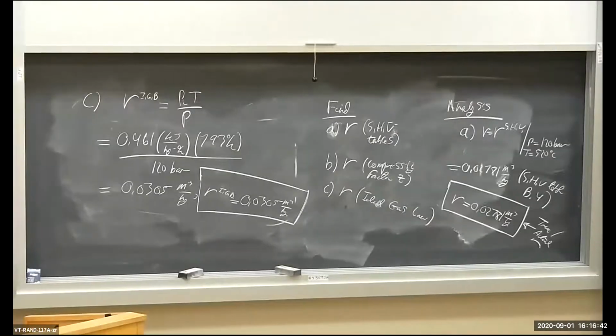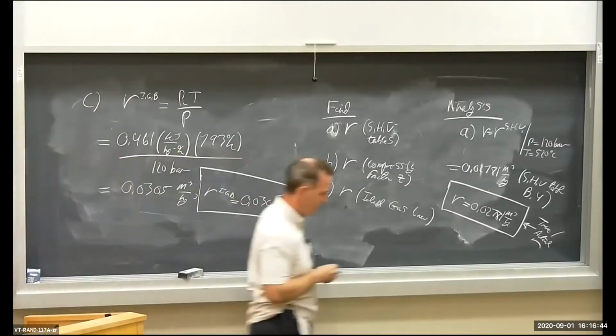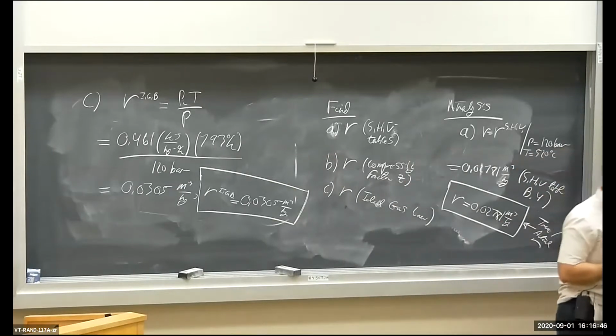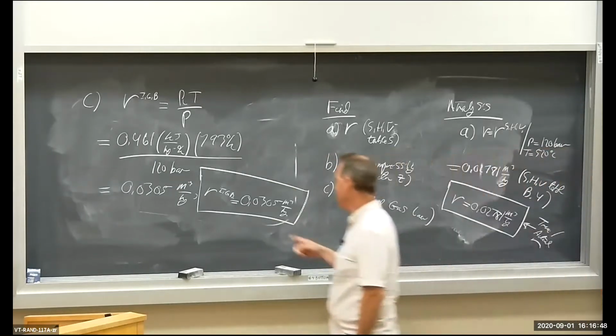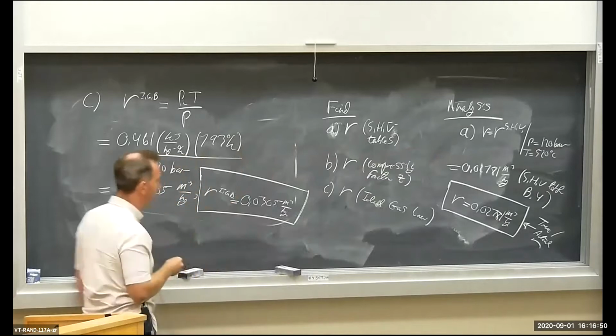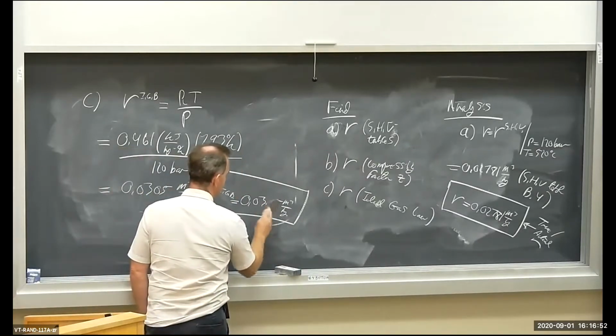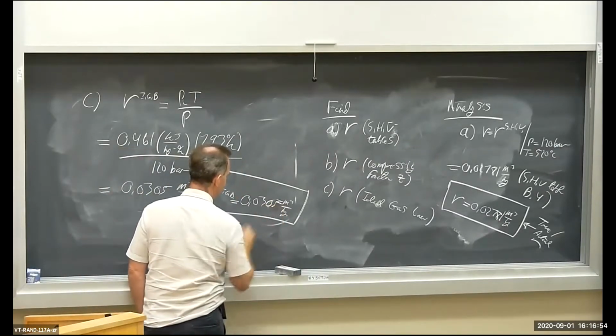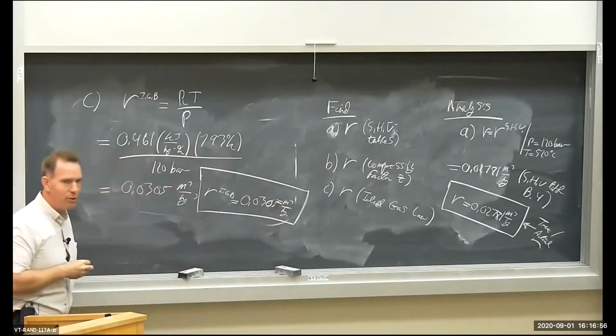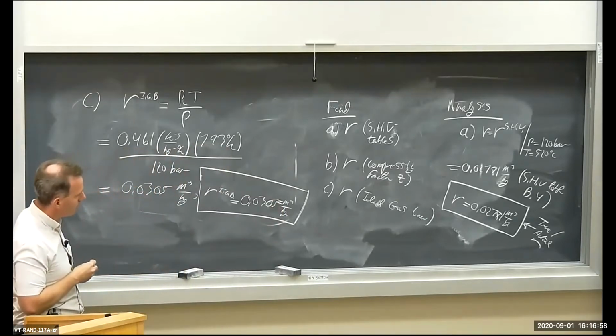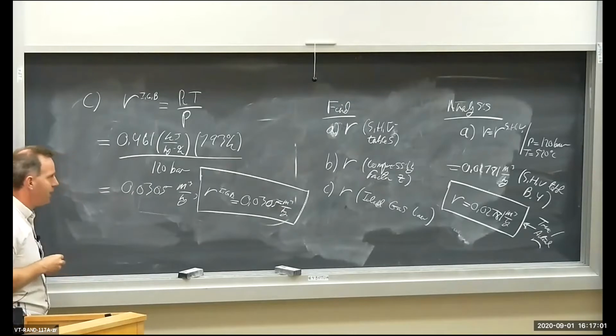And then we use the ideal gas law, and we found that we get 0.0305, okay? And we can see this is not very accurate. We're off by about 10% compared to the true value and compared to using the compressibility factor.